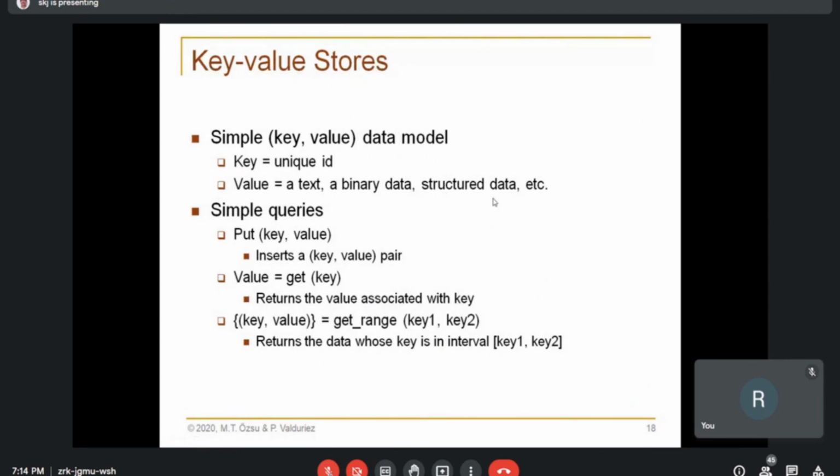It is not like a relational database, where a student table has a key and attributes. Here the whole text can be one attribute, one value, one binary data, or structured data. The queries are put key value, insert, and get: if the key is given, you get the value. With a key range, you get a range result. So it is a set of keys and values.